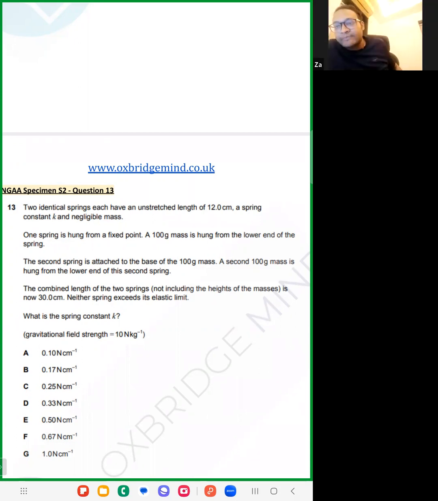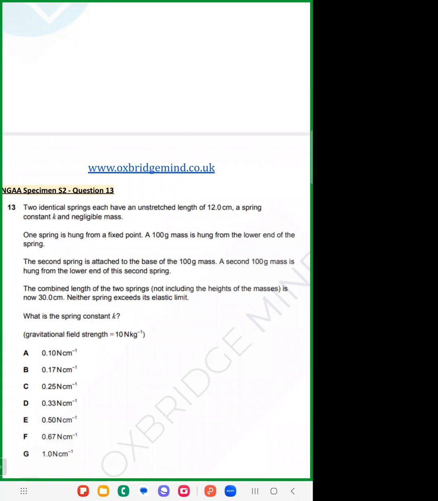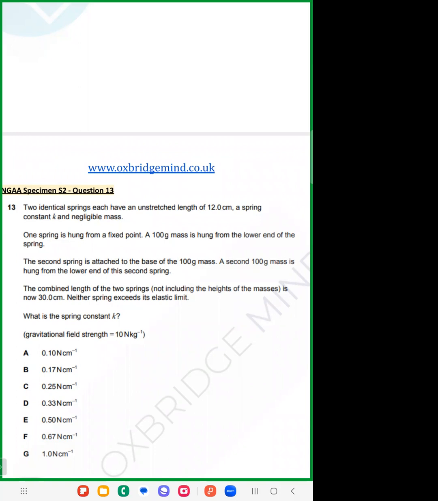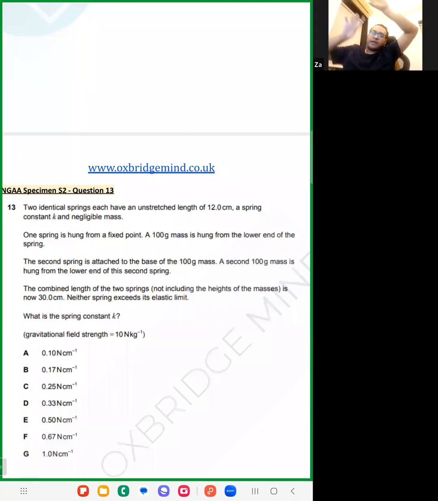Is it making sense to you? The topmost spring is under severe stress because it has to support the two blocks, one here and one at the lower part, which is pulling it. So the stretch in the upper one will be comparative to 200 grams, and in the lower one, it will be comparative to 100 grams.